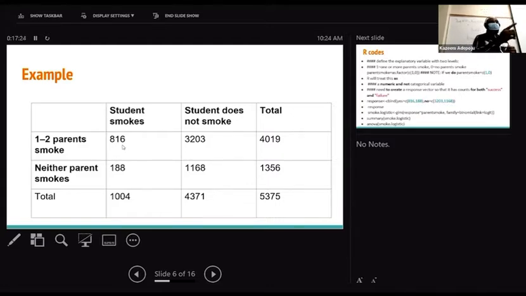But you know what? The chi-square will only tell you whether association exists or not. The chi-square cannot investigate the significance of the predictor. I'm going to say this again. The chi-square, which we used on Wednesday for the categorical variable, will only tell us whether the relationship or the association is significant. But the chi-square cannot tell us whether the categorical predictor is significant.